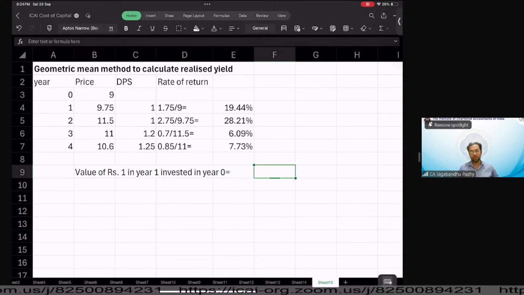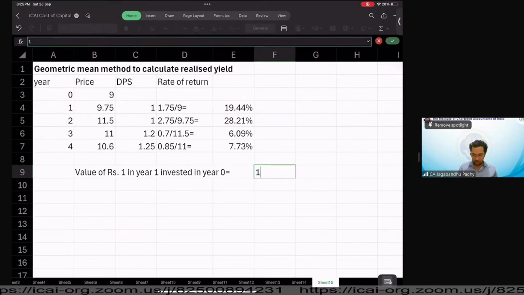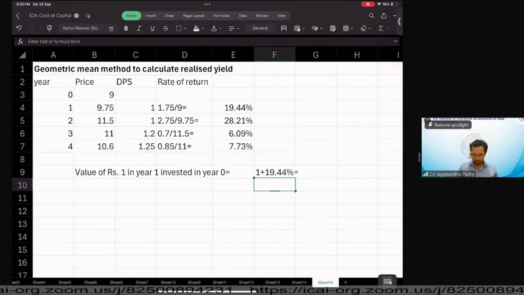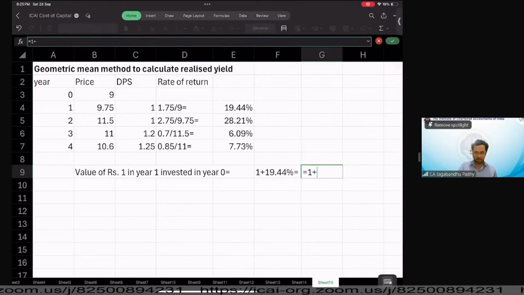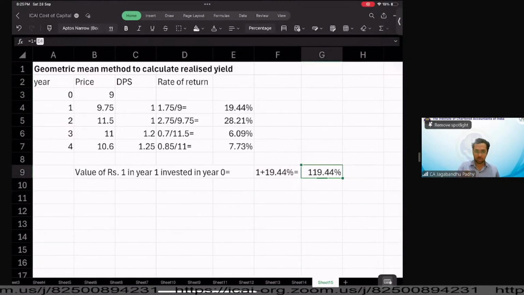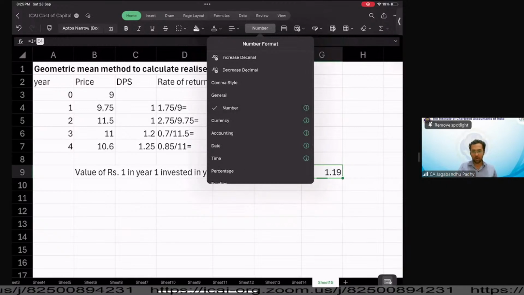How much is that value going to be? Because your return is 19.44%, what would be the value of 1 rupee after a year? Can I say it will be 1 plus 19.44%, or we call it 1.1944.